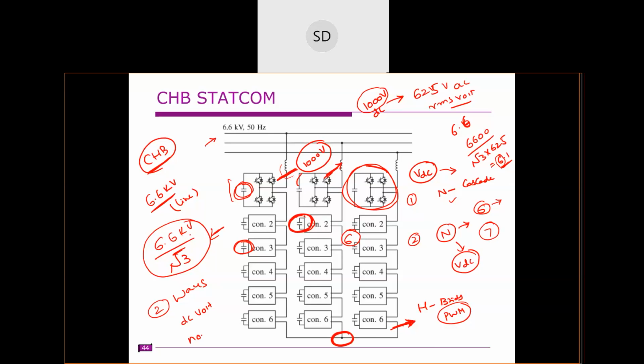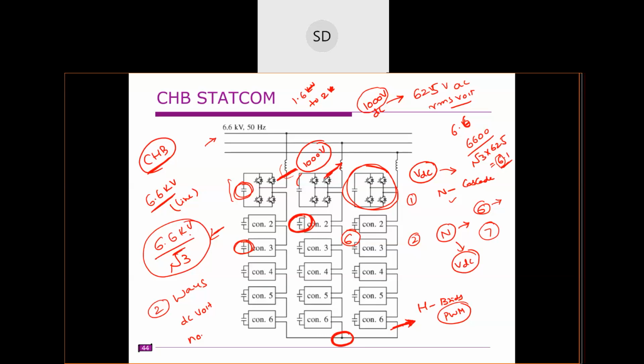If this is 1000 volts, we usually consider a factor of safety of 1.6 to 2 times. So the available switch must withstand at least 1.6 kV.